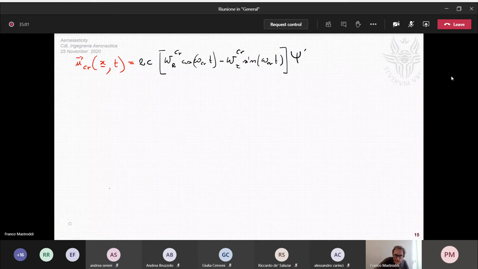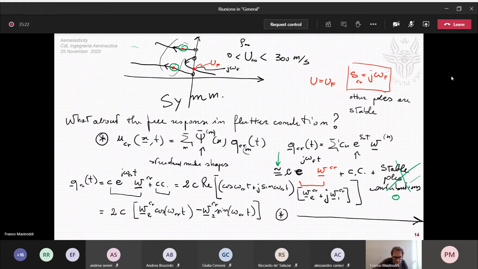Look, first structural mode, first component of the critical eigenvector. And this is the first component of the critical eigenvector as a function of time, exactly the first time function of this vector. In order to have it, you have to take the first component of WR and WI.